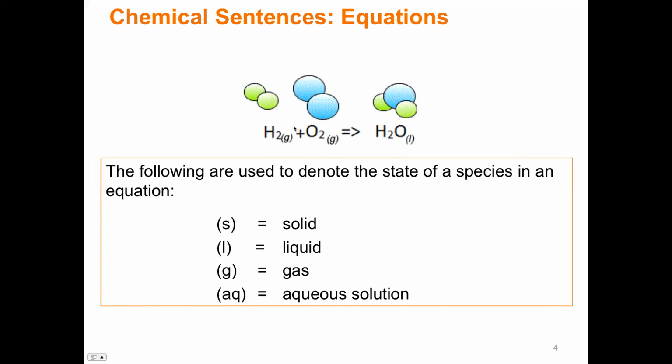That's designated as solid, liquid, gas, or even in aqueous solution, where you'll see things that say aq. So here you can see two gases combine to make a liquid: hydrogen and oxygen combine to make water. And this would be a more perfect form of writing out your chemical equation, right?